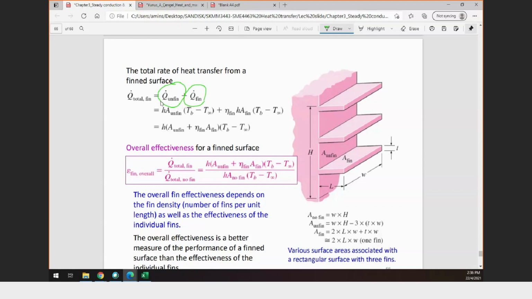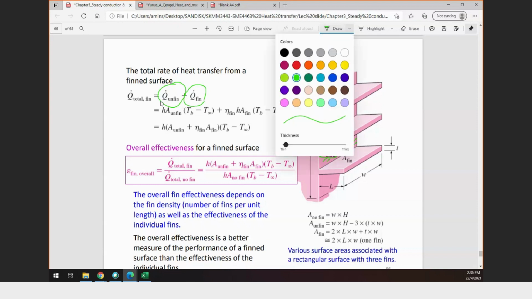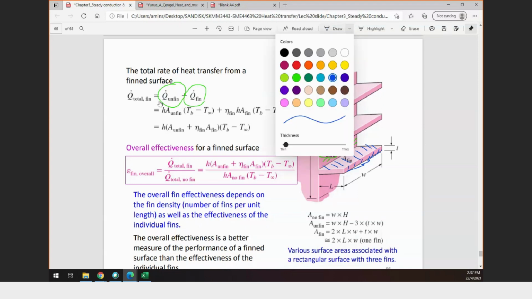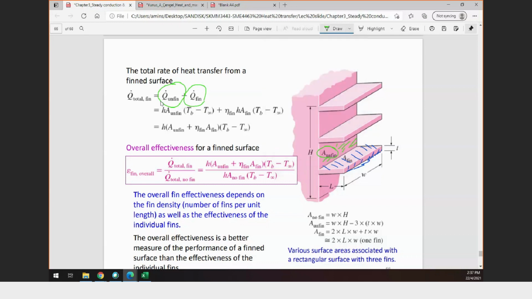Meaning this is the area of the unfin, this one, and this is the area where you have the fin. This one and the bottom one. So the area of the unfin is not only here, same goes to here, here, as well as the bottom one.